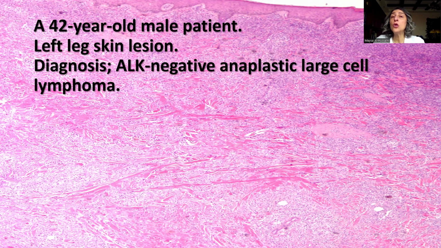So you have to use a wider coverage marker. In this particular case, it was CD43, which really hinted at the diagnosis. Then you have always to do CD4, which is positive in this case. And remember that EMA in ALK-negative anaplastic lymphomas, in particular in the skin, is usually negative.